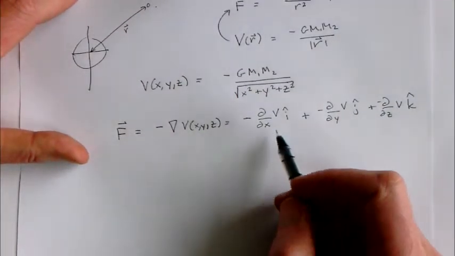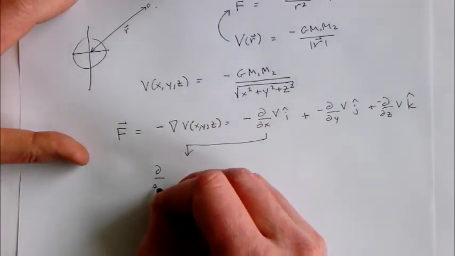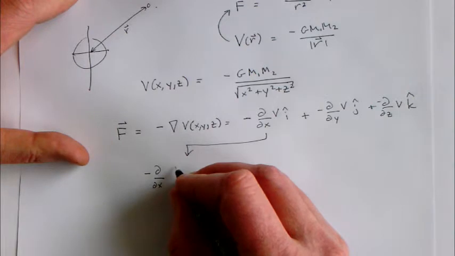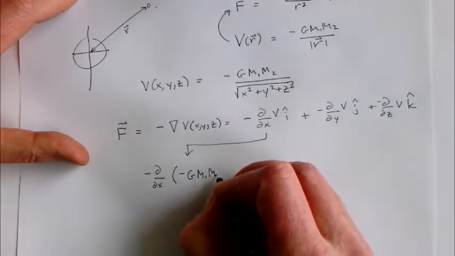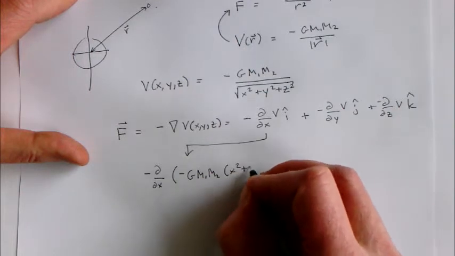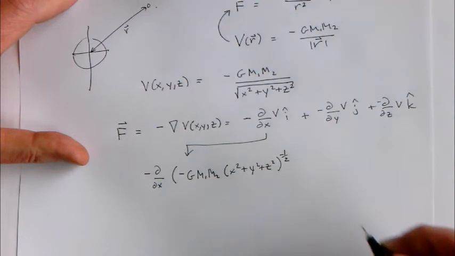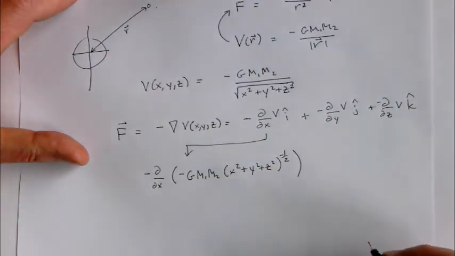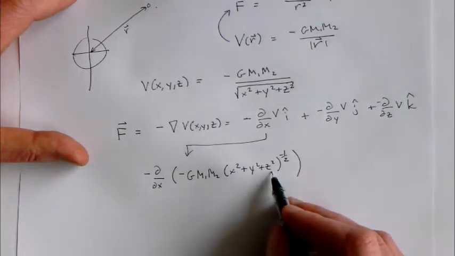And we can do this. Why don't we do this first term? So I want to take the partial with respect to x with a negative sign of the quantity minus G m1 m2 times x squared plus y squared plus z squared to the minus 1/2 power, right? And when I do that, not surprisingly, I'm going to treat y and z as if they're constants.